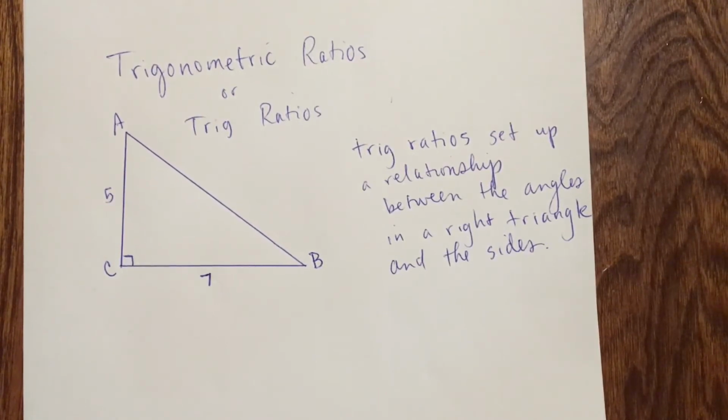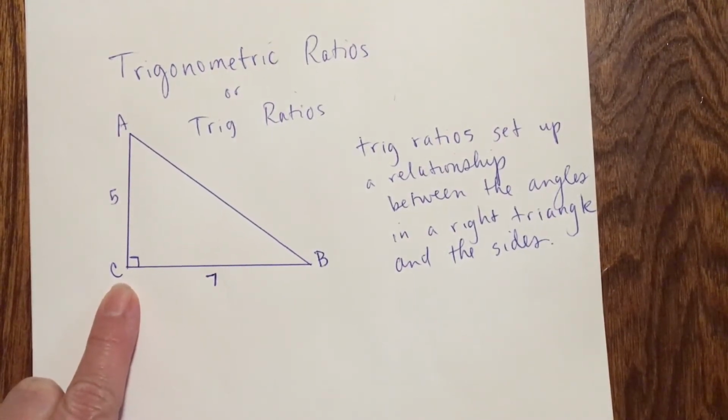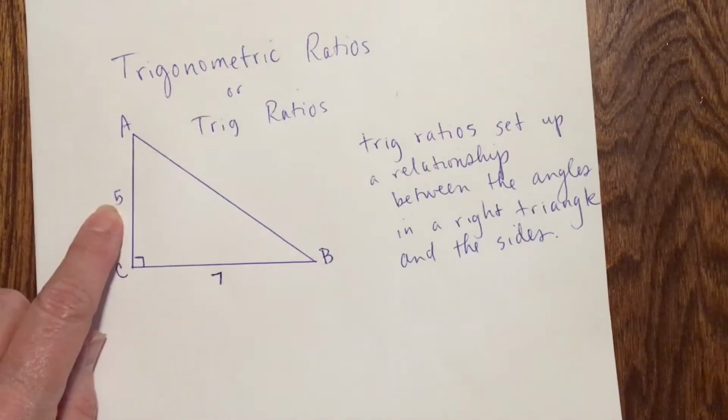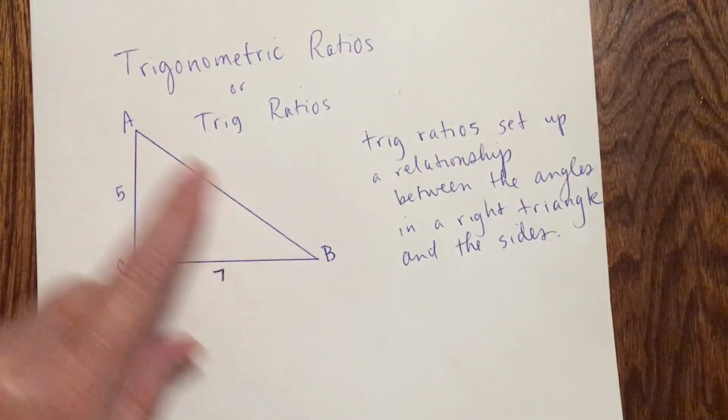If I'm looking at C, which is the right angle, it can be confusing as to what leg is adjacent to C, because they're both adjacent to C. Both the leg that's a length of 7, and the leg that's 5, both of those legs form the angle C. And when we're talking about opposite and adjacent, we're talking about the other two angles, A and B.